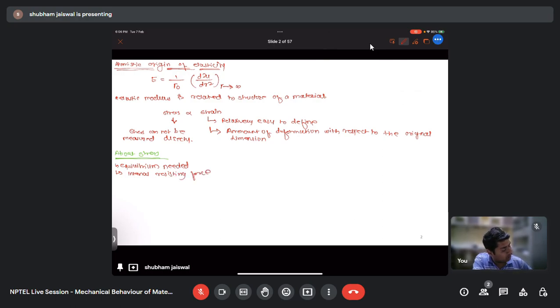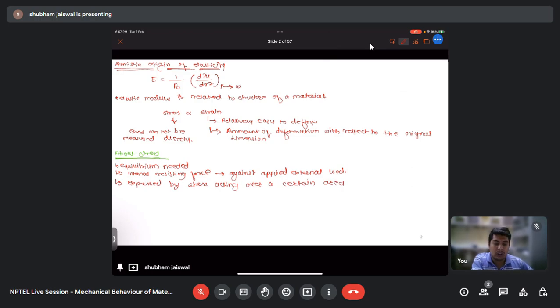It is expressed as stress acting over a certain area, so it needs some area to be defined.